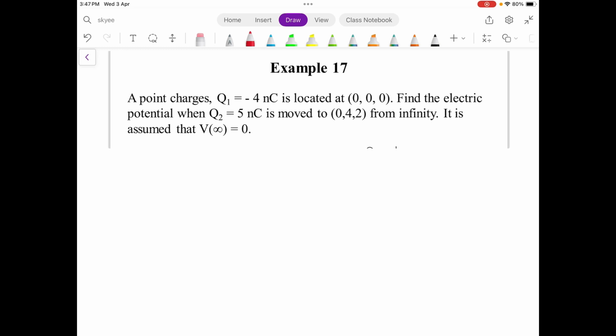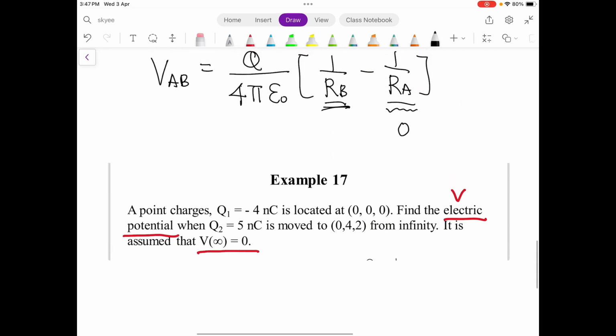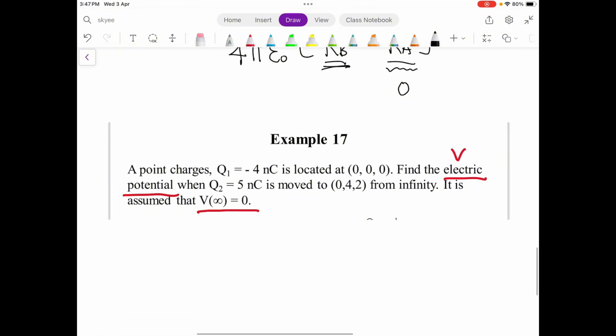Find the electric potential, that is the V, when the charge Q2 is moved to 0, 4, 2 from infinity. It is assumed that V at infinity is equal to 0. So what would be the formula for the electric potential? We refer to this formula. We'll be using this one.